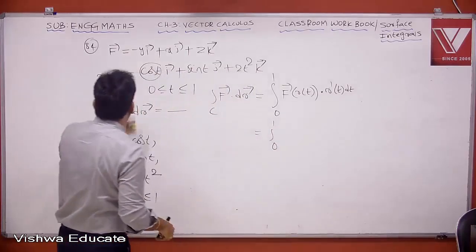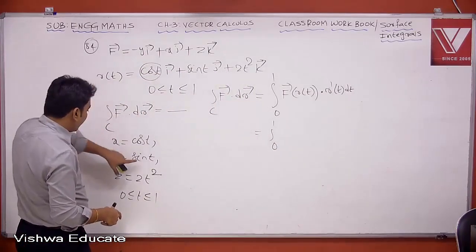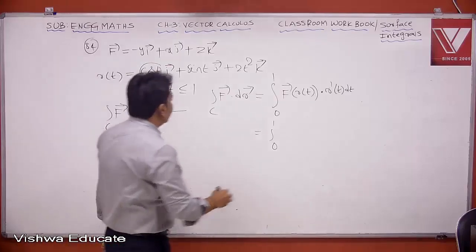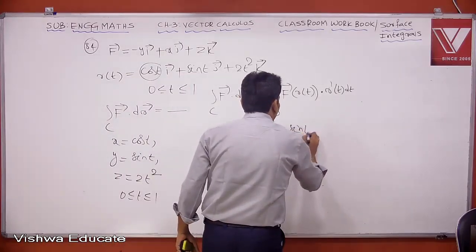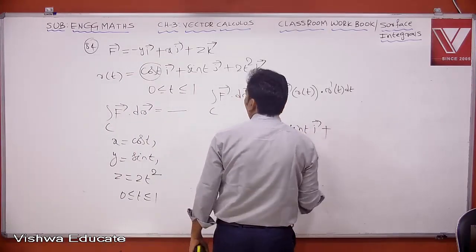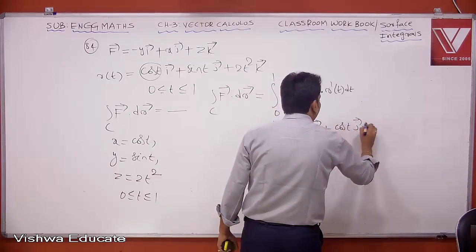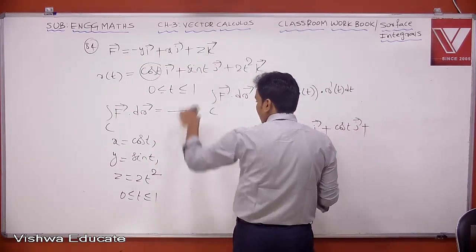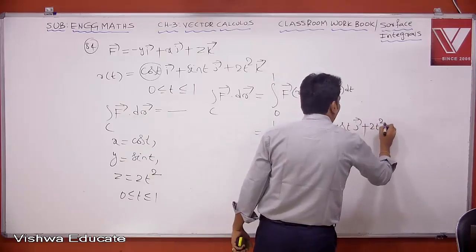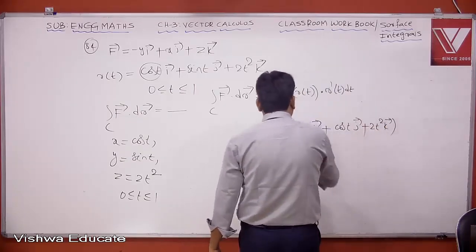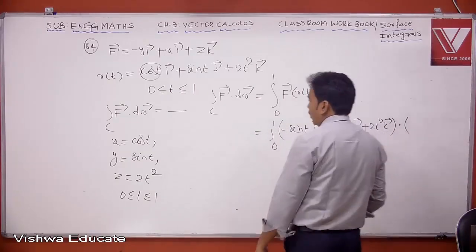Now what is F? This is minus y i, and y is sin t, so minus sin t i, plus x j, and x is cos t, plus z k, and z is 2t², dot product with r'(t).